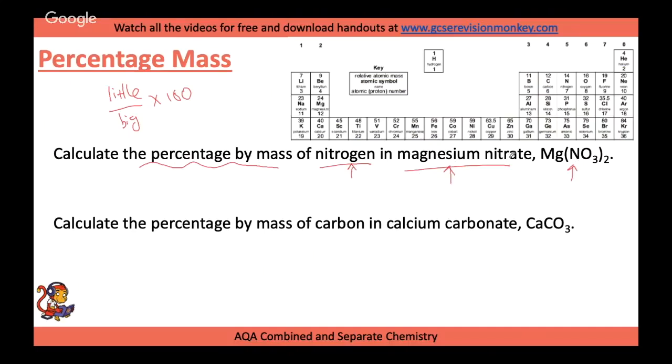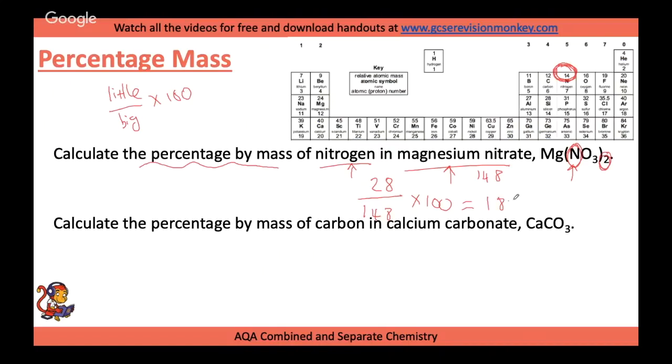So we've just worked out the mass of the whole lot as 148. So we just want the nitrogen, and because it's in brackets, we need 1 nitrogen multiplied by 2. So it would be 28, because nitrogen is 14, multiplied by 2 is 28, divided by 148, and then times by 100.